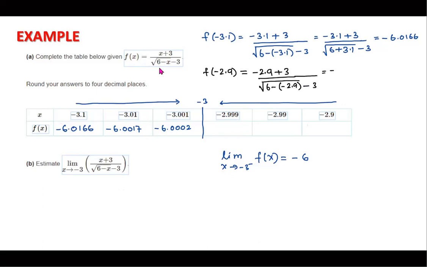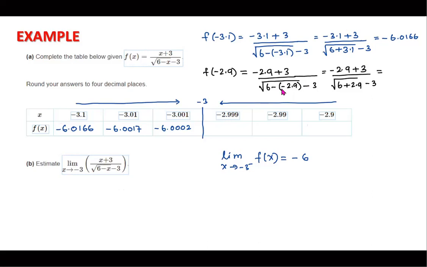If you simplify, we have a negative and negative here, which makes positive 2.9, then minus 3.